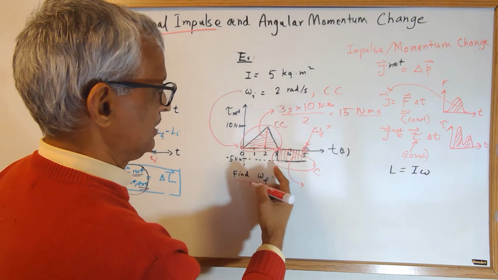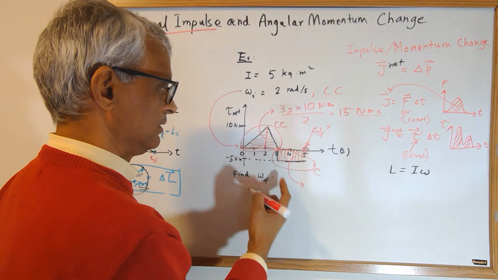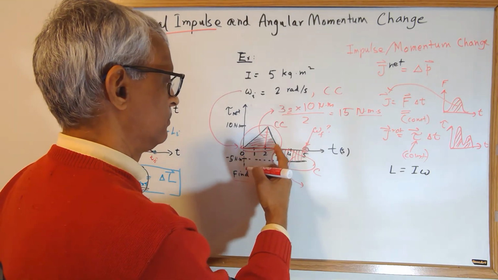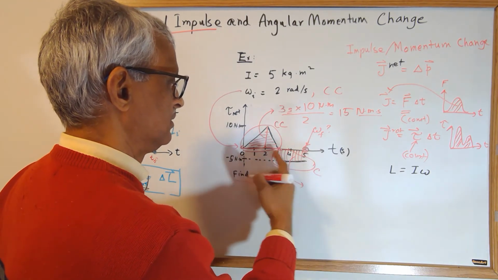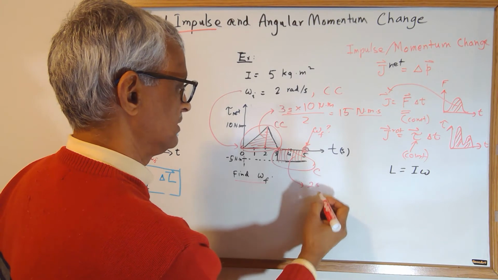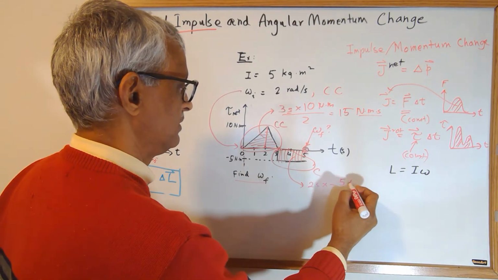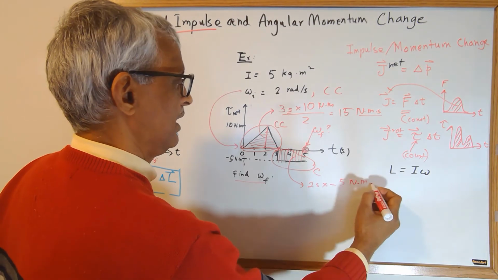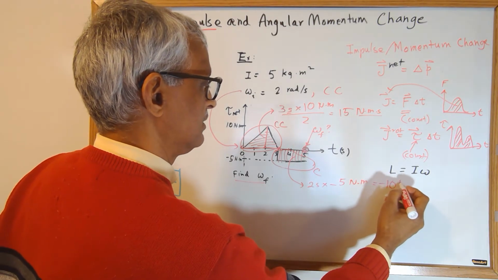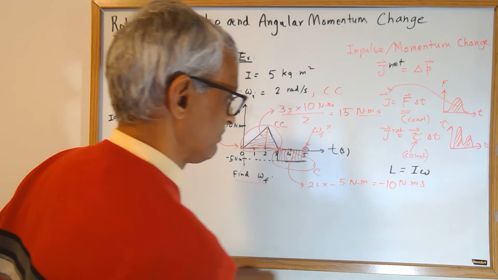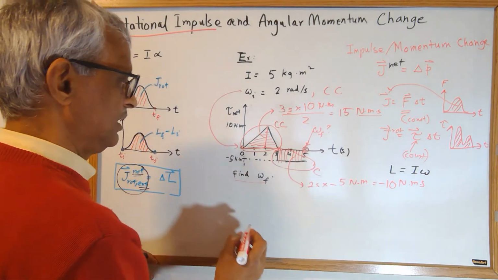Now this one is just a rectangle, so height and width. Width is 2 seconds, and the height is minus 5 Newton meter, and that's minus 10 Newton meter second. So when I add, actually I have to subtract.